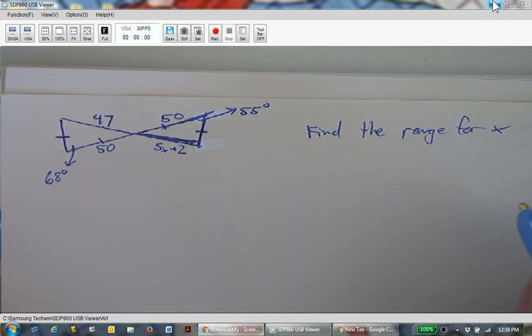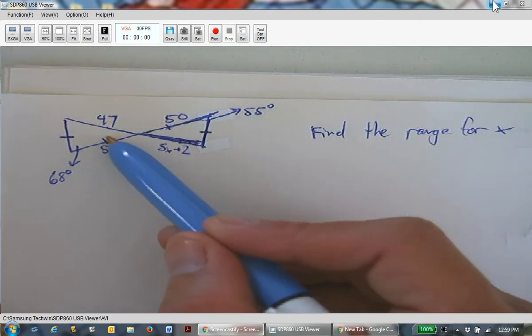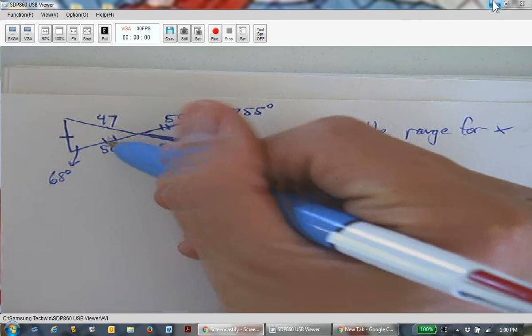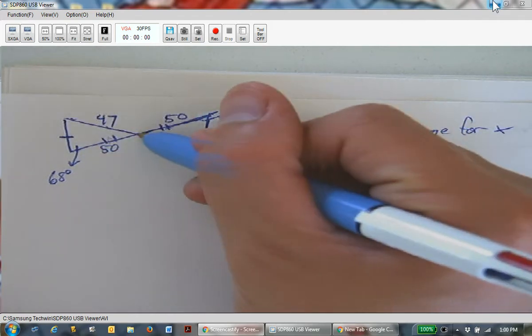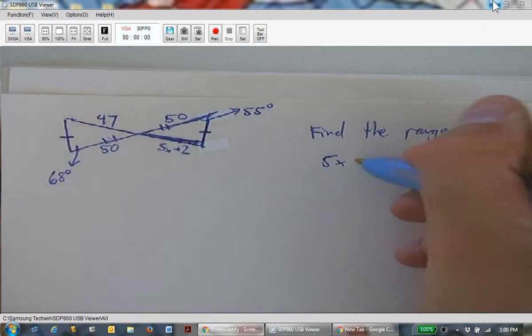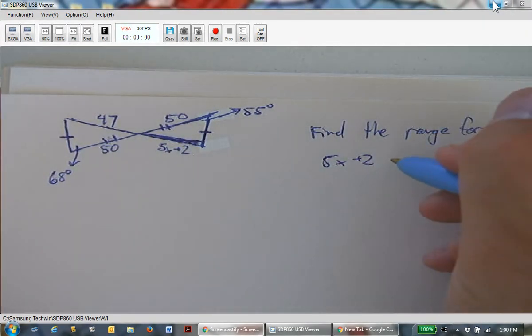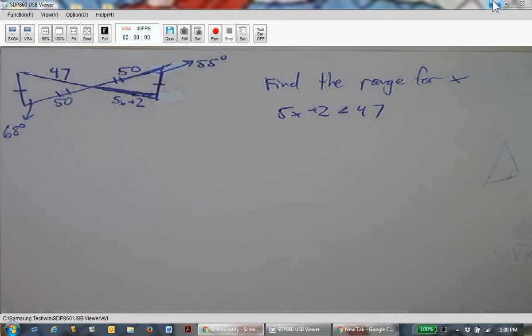Because the angles. Yeah, this is a smaller angle than 68. And you know that these two sides are congruent and these two sides are congruent. The only thing different is the angles. So that means the third sides are not going to be the same, right? So we have 5x plus 2 is smaller than 47. I know you can already solve for one part of the range, okay? It's just the other part you're going to have to do.